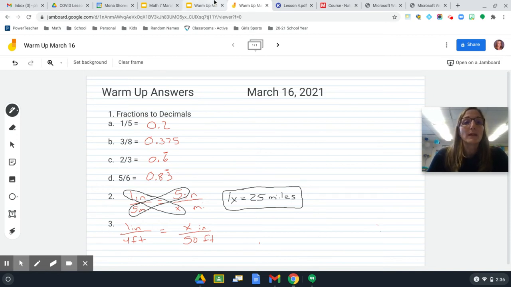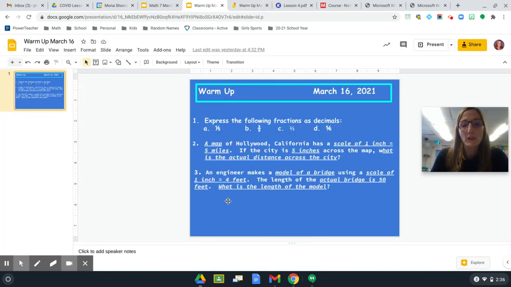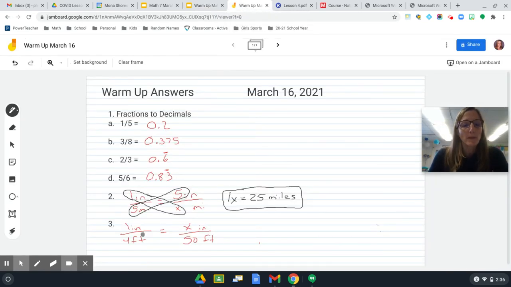Number 3. Okay. An engineer makes a model of a bridge using a scale of 1 inch is 4 feet. The length of the actual bridge is 50 feet. What is the length of the model? So now this time you're going from the actual to the smaller version, right? The scaled down version. And so you start with setting up that scale, right?